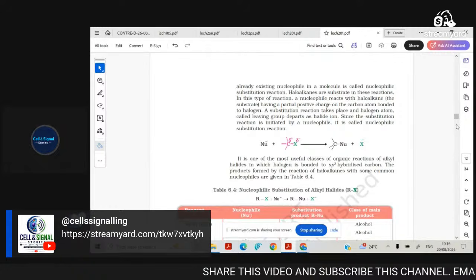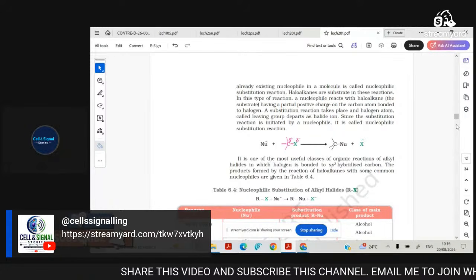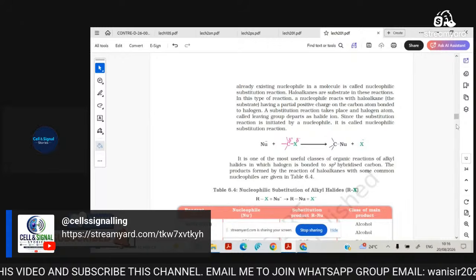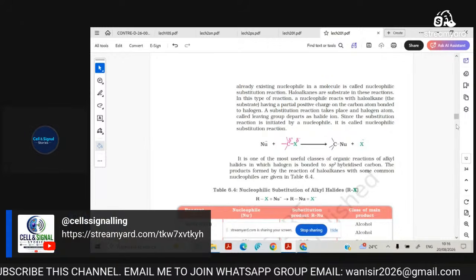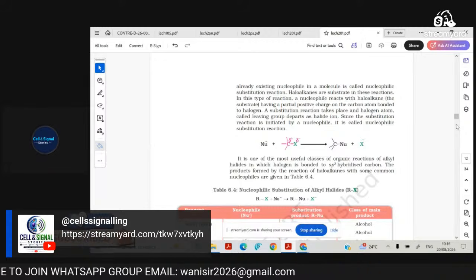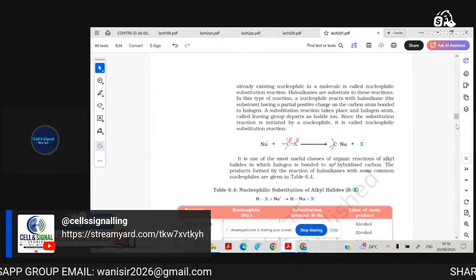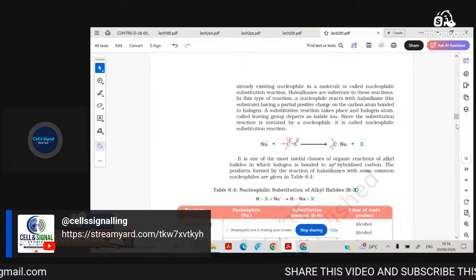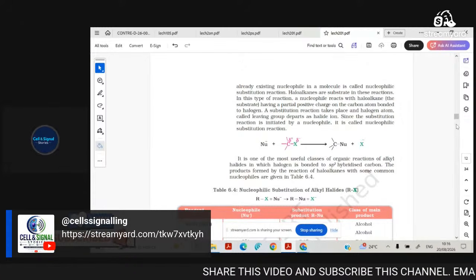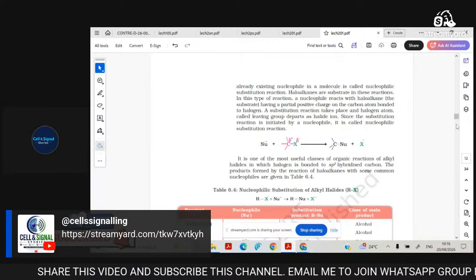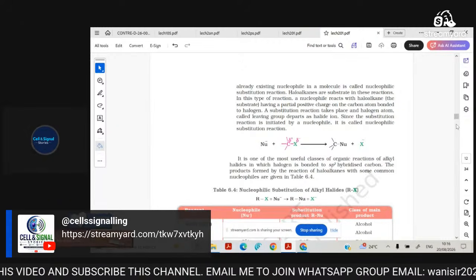So the nucleophilic reaction is the reaction in which a nucleophile attacks a reactant molecule that itself has a nucleophile. One nucleophile is replaced with another nucleophile. That is called the nucleophilic substitution reaction.